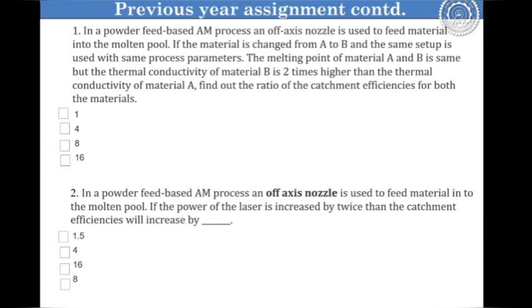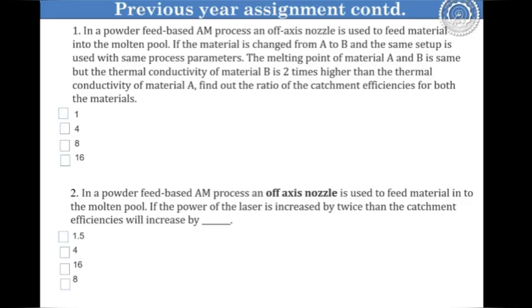So these are the previous year questions of week 10. The first question: in a powder feed based AM process, an off axis nozzle is used to feed material into the molten pool.